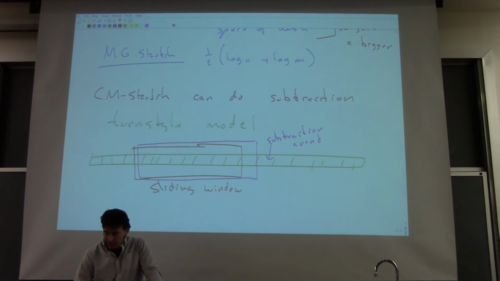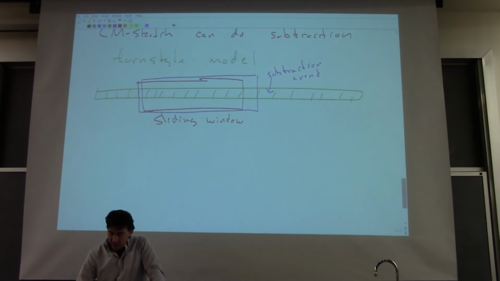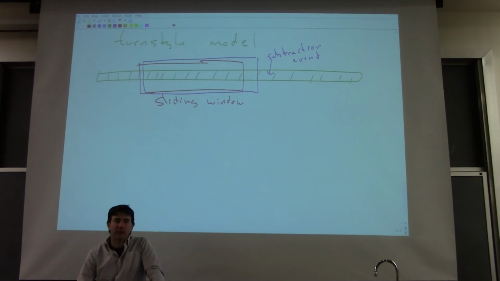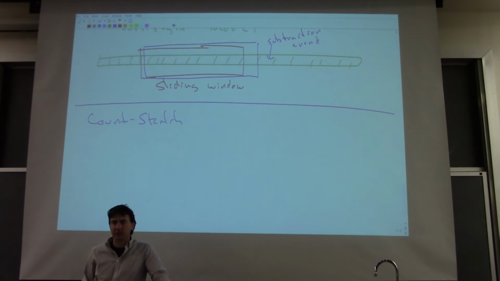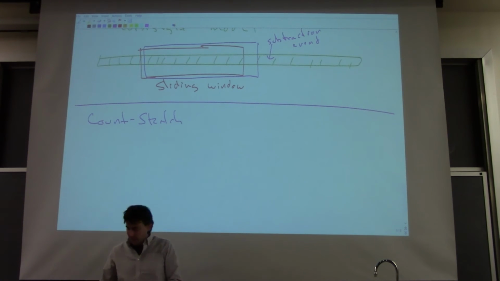All right, so let me spend 10 minutes just talking about the count sketch. Historically, the count sketch was invented a few years before the count min sketch, but it's a bit more complicated.